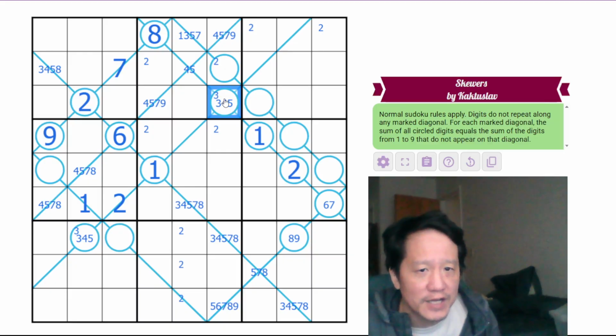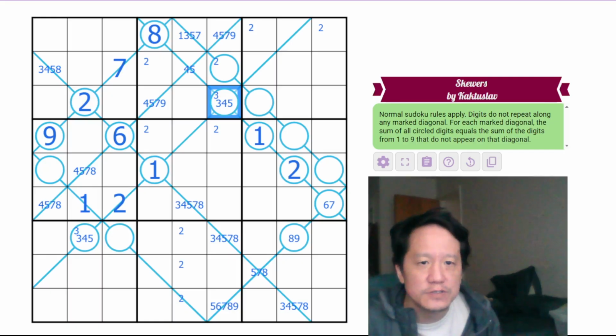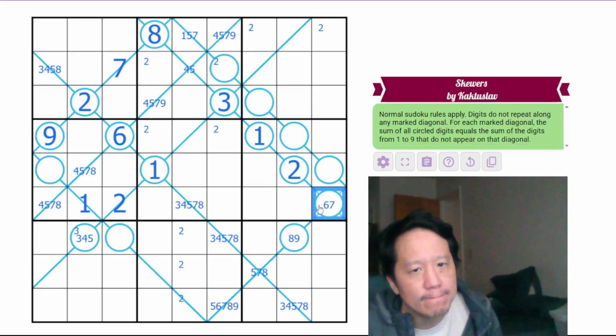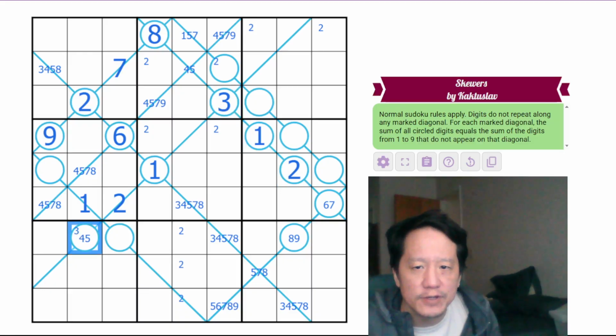So that's too large. So this has to be a 3. So this is guaranteed to be 3 here, which means this cannot be 3. 1, 2, 3. So then we know that's 3. So this is 3, which means this cannot be 3 here. This is 4 or 5.